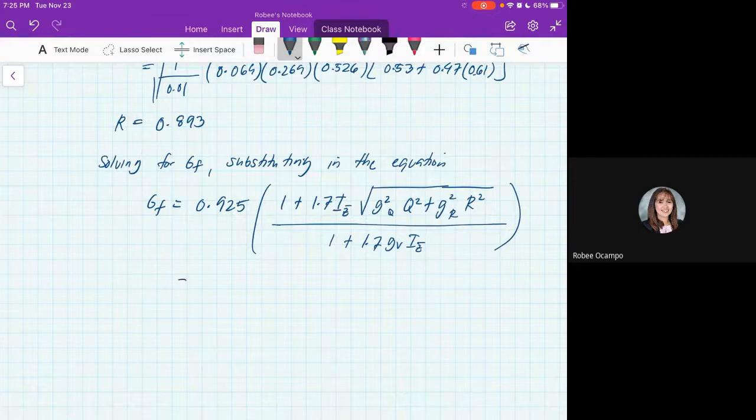So, rewrite lang natin yan. That's 0.925 times 1 plus 1.7, the value of our I sub Z bar.